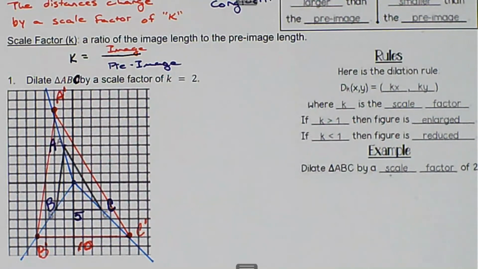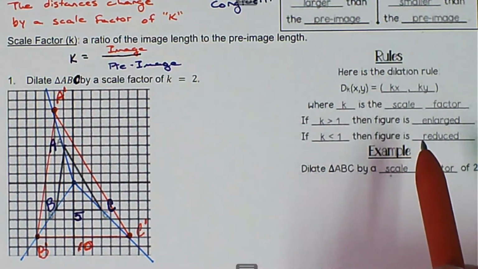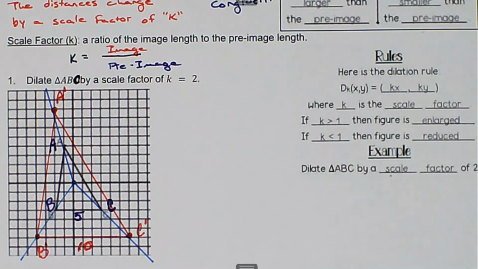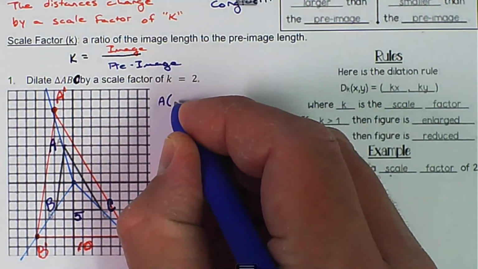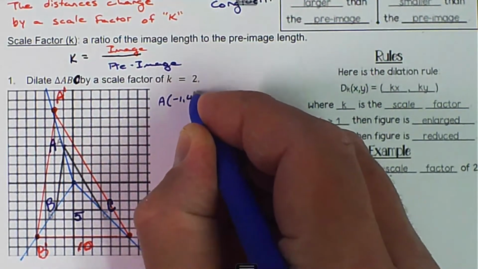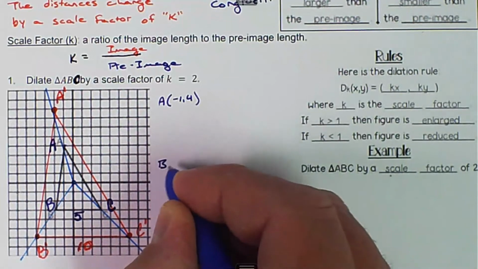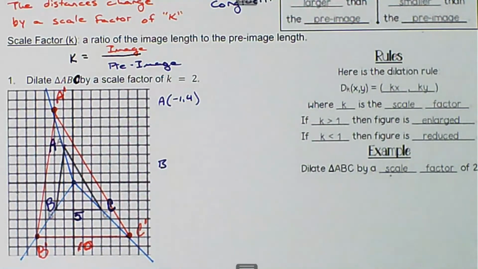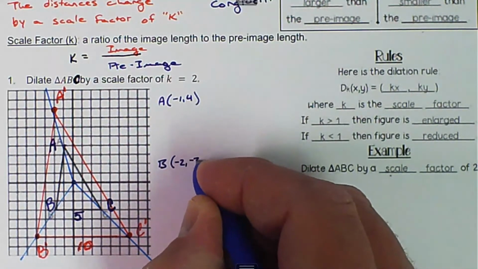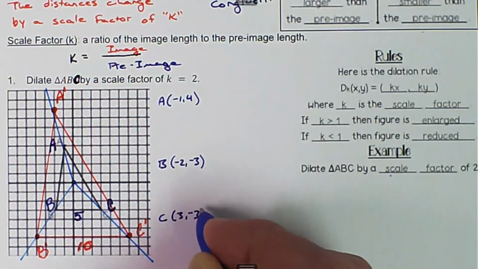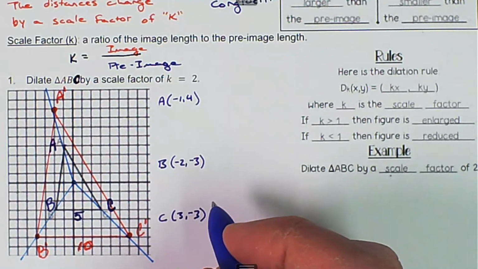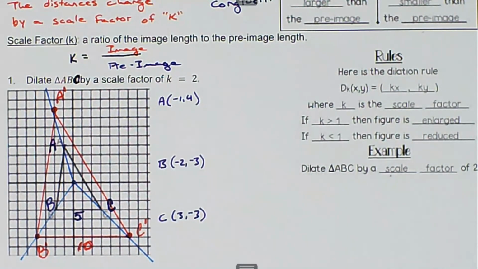So we could also use the coordinate rule, which we talked about over here, where we just simply multiply. So we have the points of A is -1, 4. And then we had B is -2, -3. And then we had C as 3, -3. So we can use our rule, and our rule just says multiply by 2.